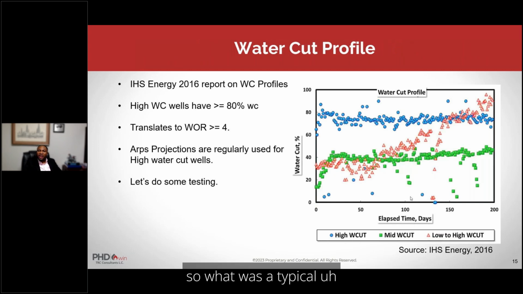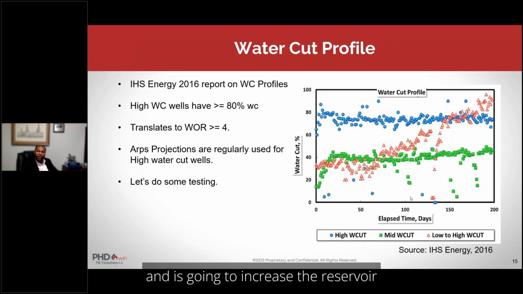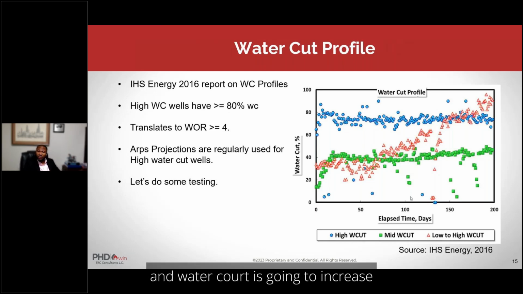So what does a typical water cut profile look like? In a water drive or even in a waterflooding operation, as production continues, the waterfront is going to move closer and encroach the reservoir. And eventually, we're going to have a water breakthrough and water cut is going to increase.